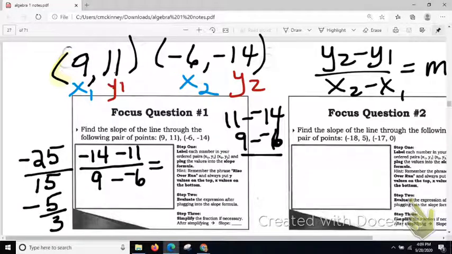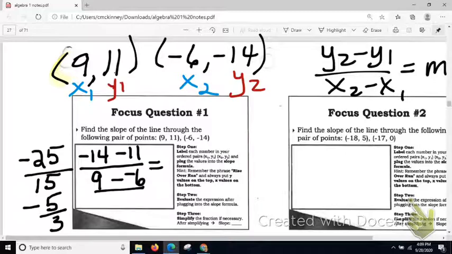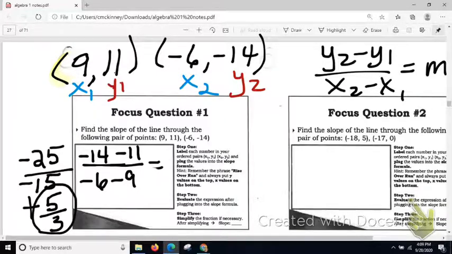Dang it. So rewind on that. I don't have time for editing, friends. I jacked this part up. How did I jack it up? So think about this. I jacked it up because I was subtracting the x's, but this says to take x2 first, and I took it in the wrong order. So this should have been, it's the end of my day, I guess it's time to go home. Negative 6 subtract 9, which is going to make these both negative, which makes my final answer positive.